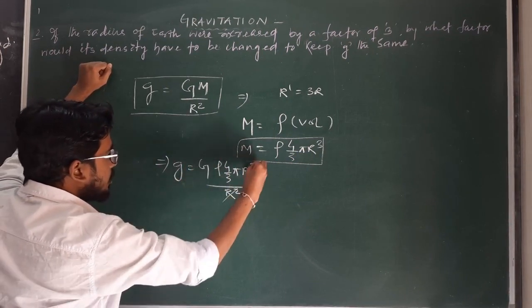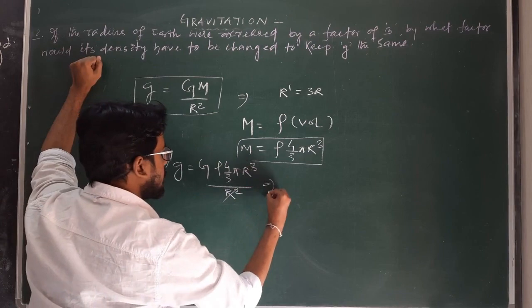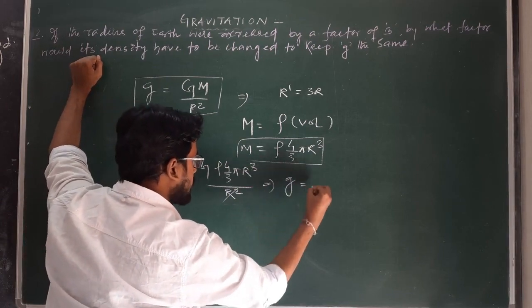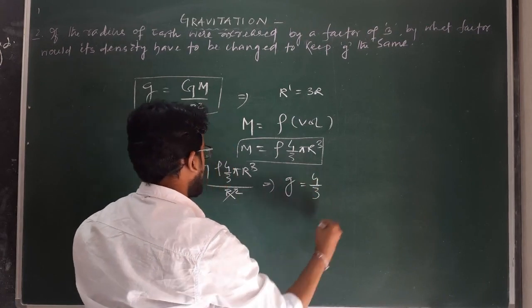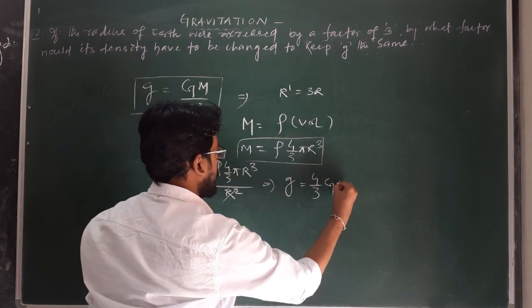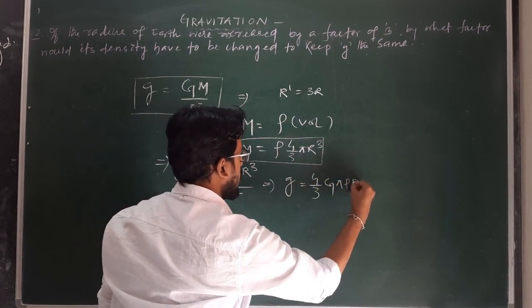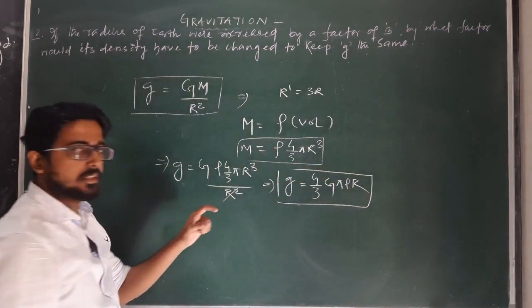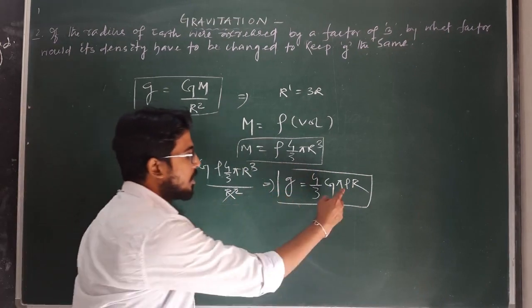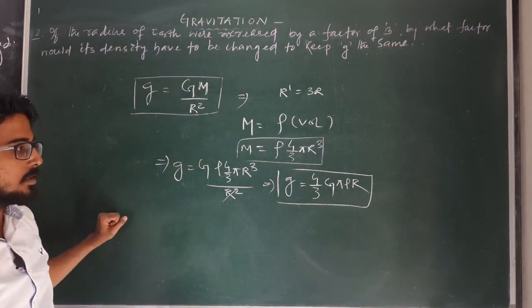So r square will get cancelled. So this implies you get the acceleration due to gravity in terms of density of the planet. It will be 4 by 3 G pi rho r. Clear? So this is the expression for acceleration due to gravity in terms of density and radius of earth.